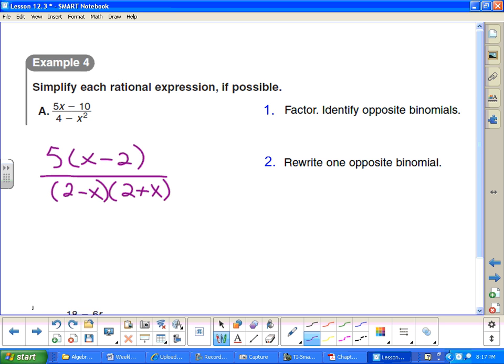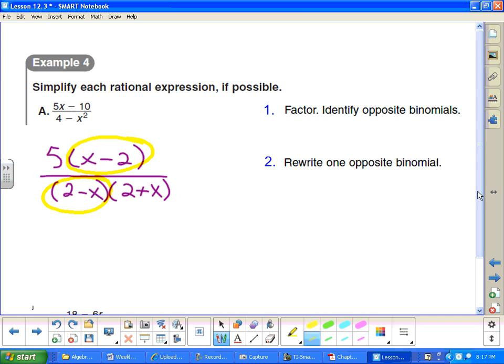Now, we have opposites here. We have x minus 2, 2 minus x. They are the opposites. So to change them so that they're the same, I have to multiply by -1.